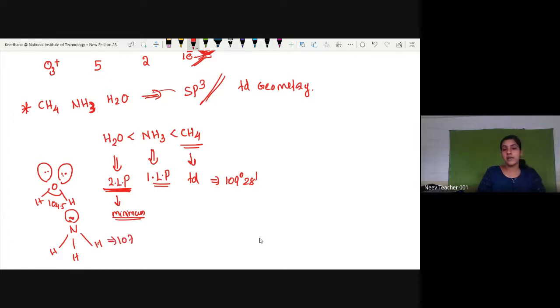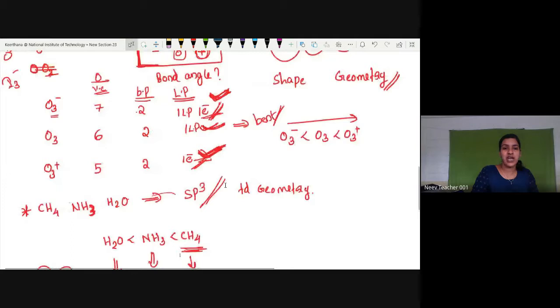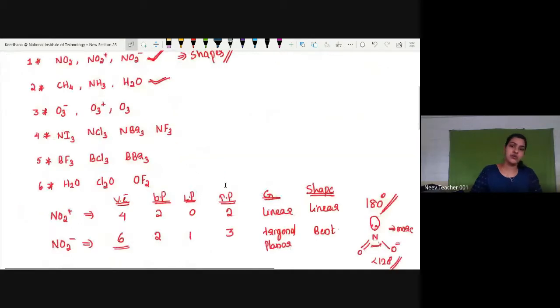So the comparison is CH4, NH3 and H2O. You don't need to study these bond angle values, you just need to understand the concept to compare the bond angles. H2O and NH3 are standard values, so everyone will know.